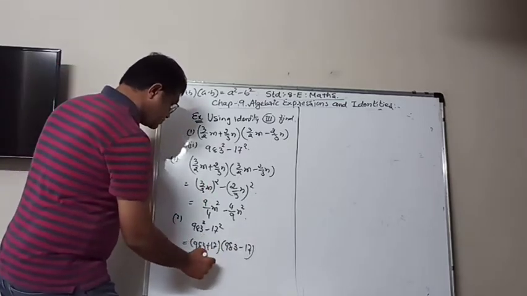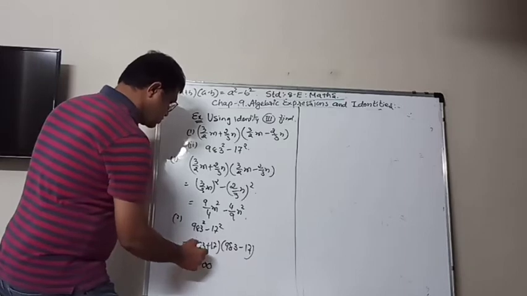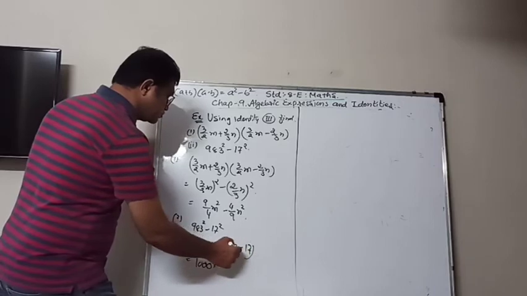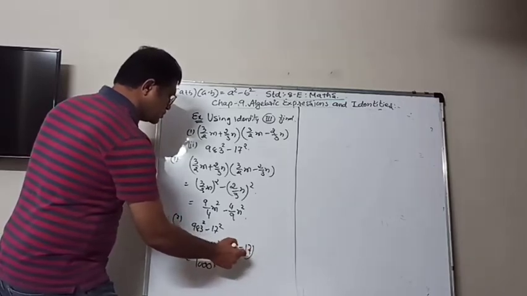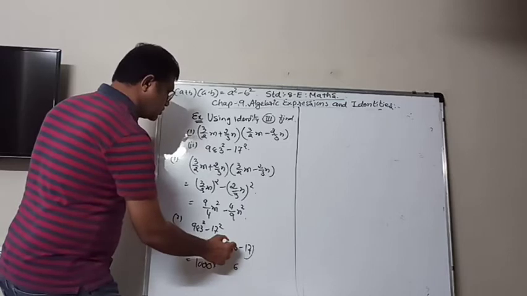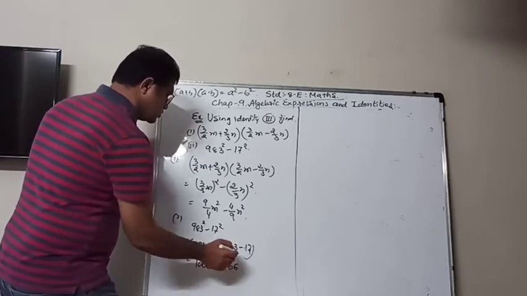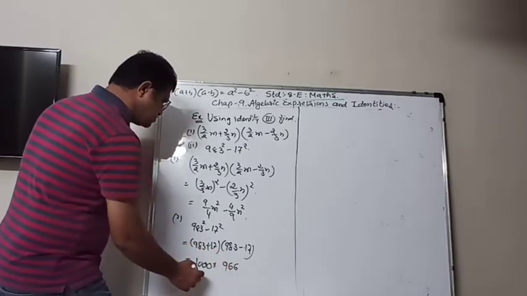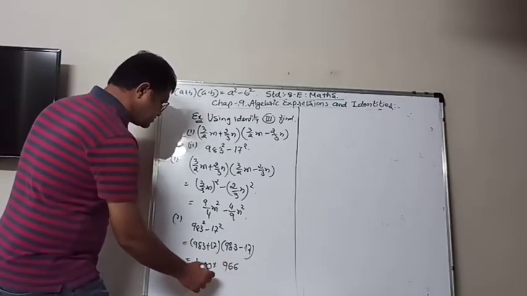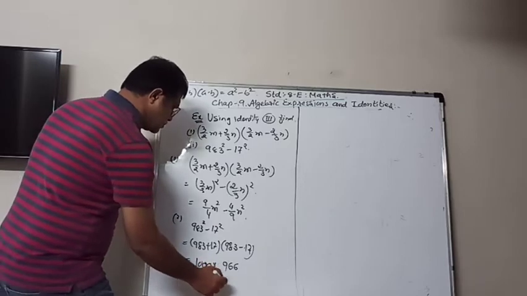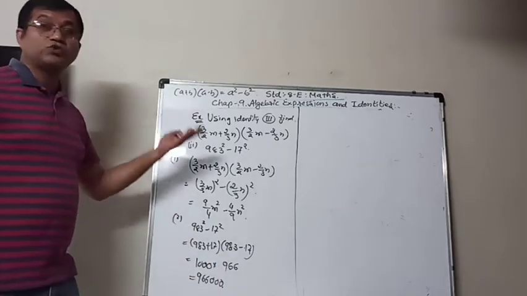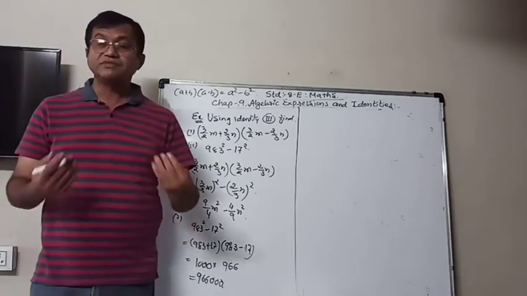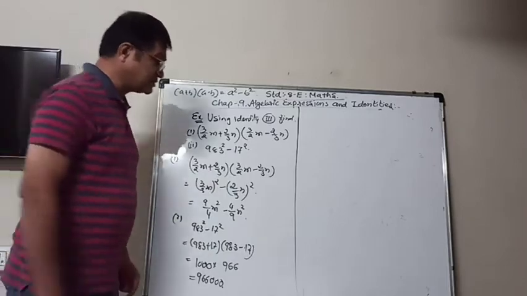So it is 1000 multiplied by 966. So it is easy now. 966, then 3 zeros. So without any square. Otherwise what will you do? 983 whole square, 17 square, then you will do the subtraction.